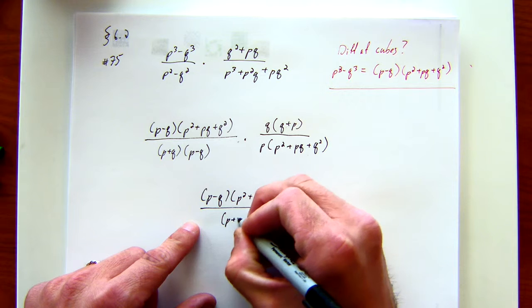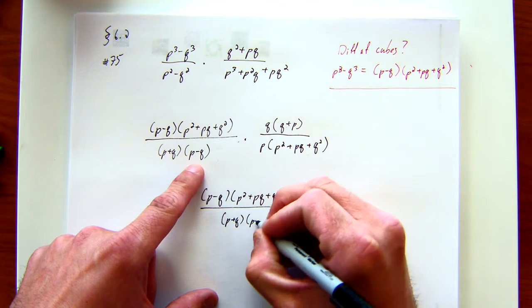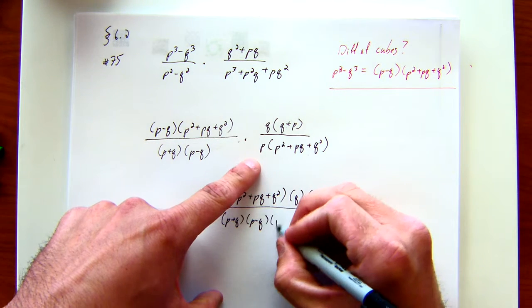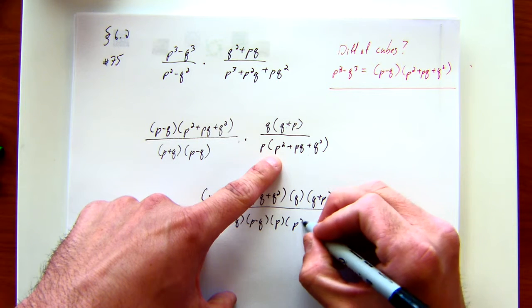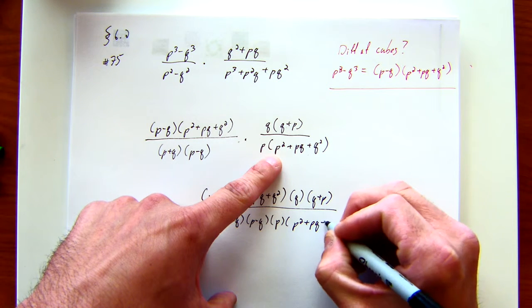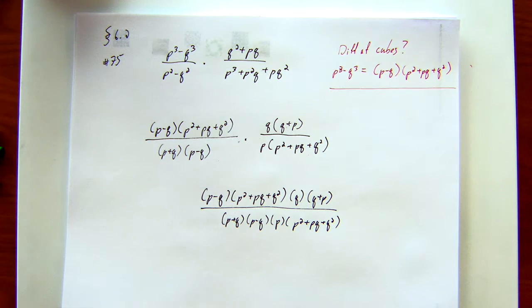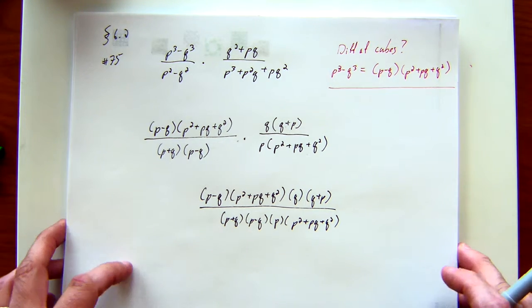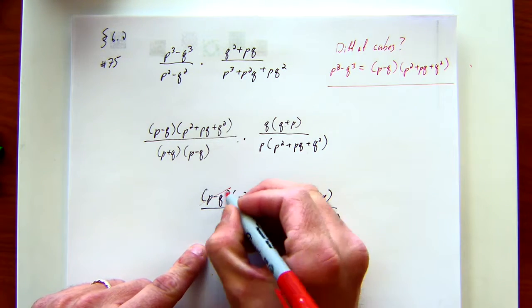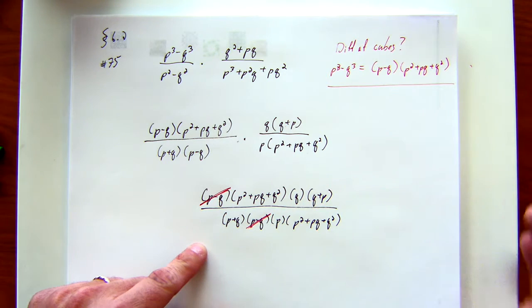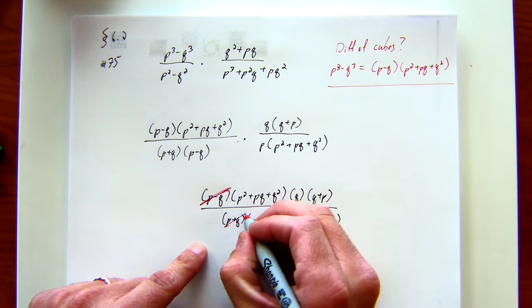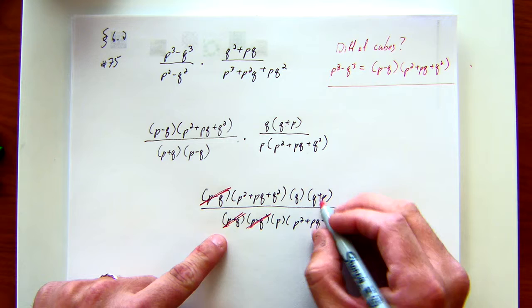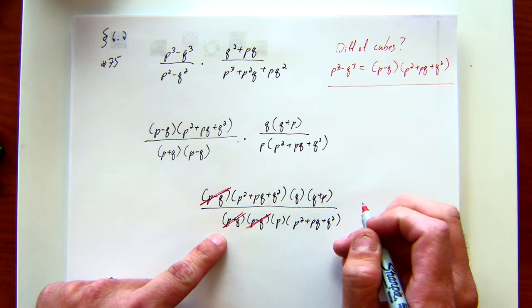And now we're going to write P plus Q times P minus Q times P times this P squared plus PQ plus Q squared. Now we just start thinking about what we can cancel. Well, there's a P minus Q and a P minus Q. There's a P plus Q and a... now this says Q plus P. Is that the same thing?